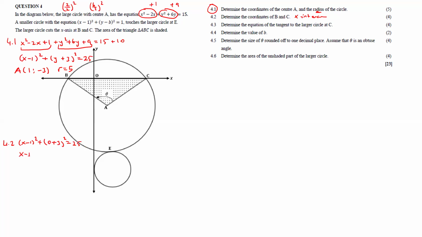From this, (x minus 1) squared is equal to 25 minus 9, which is 16. If you solve this quadratic equation, x minus 1 is equal to 4, or x minus 1 is equal to negative 4. X will be equal to 5, or x will be equal to negative 3. So negative 3 obviously will be B, since it is on the left-hand side. So the coordinates of B are negative 3 and 0, and the coordinates of C are 5 and 0.